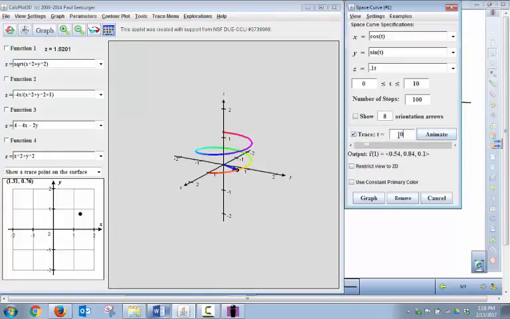So let's start with t is equal to 0 and animate. As you can see, as the t value changes, the point is on a particular spot on the curve, and this is telling you how it's drawing this particular curve.